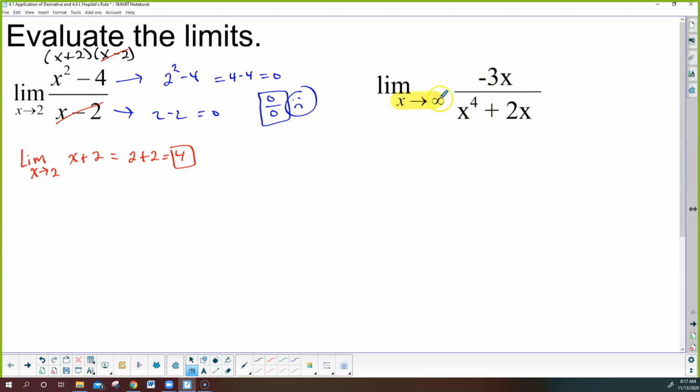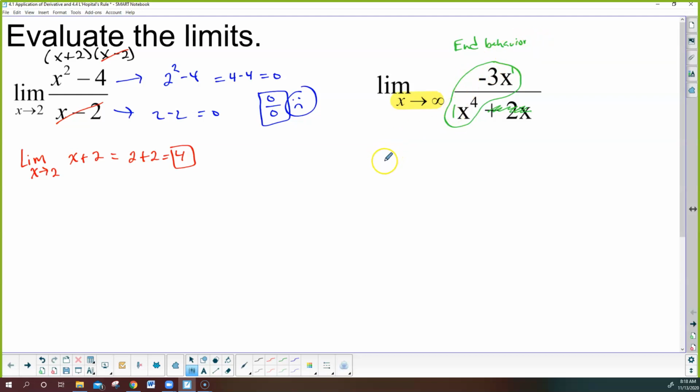Well, since infinity is such a strong, large number, the only parts that are going to actually affect it are the leading coefficient and degree of the numerator and the leading coefficient and degree of the denominator, which means this little x plus 2 isn't going to have any effect on the graph as I go to positive or negative infinity. And if you remember it, this is titled our end behavior model.